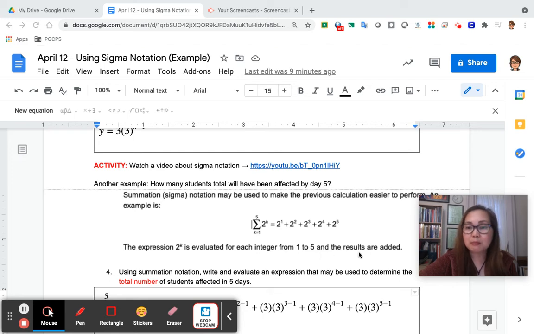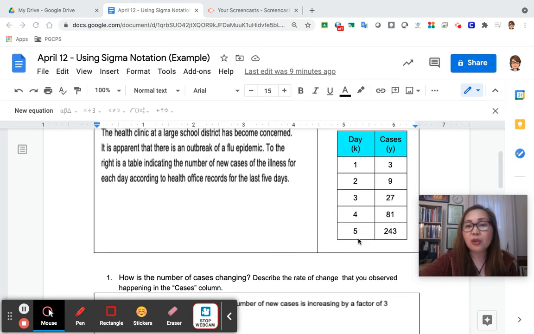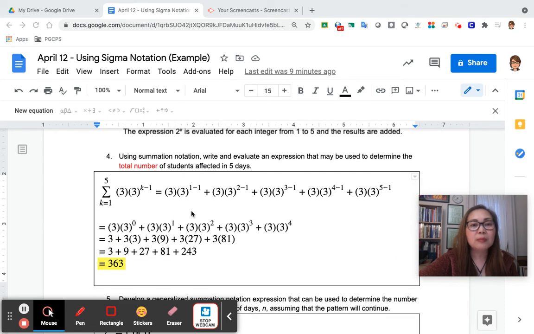So this is the meat of the lesson. Remember that here you're no longer looking for what is the value for a certain day. You are adding all of these numbers in this column. So from day 1 to day 5, you are adding that if that is being asked of you. So if you take a look at now, number 4 here, it says using summation notation.